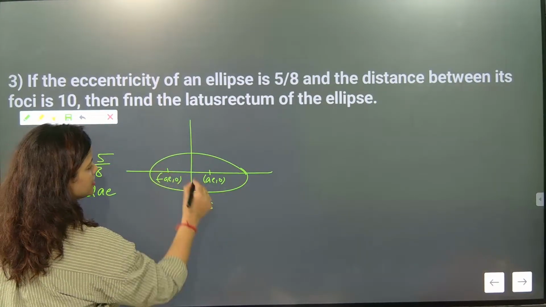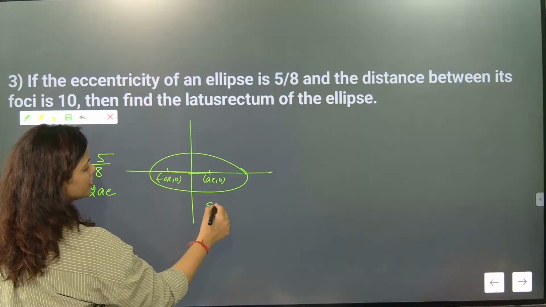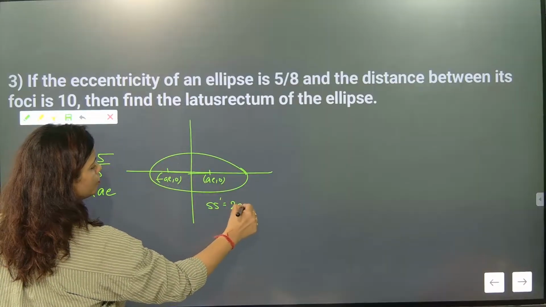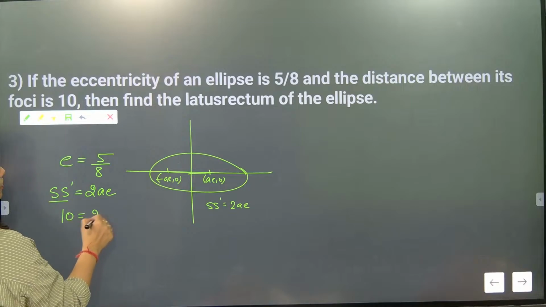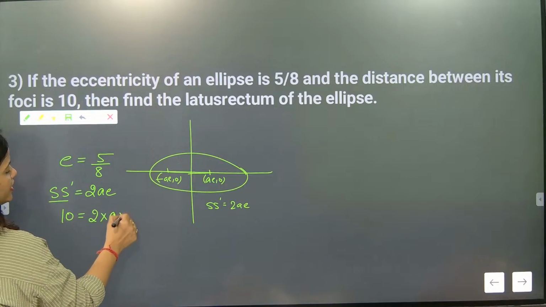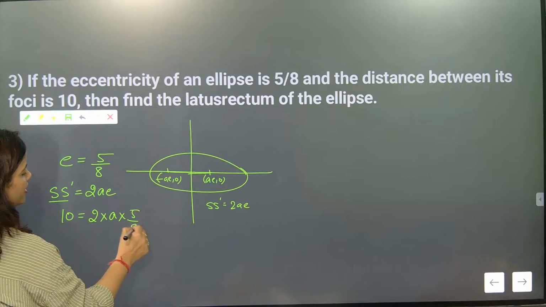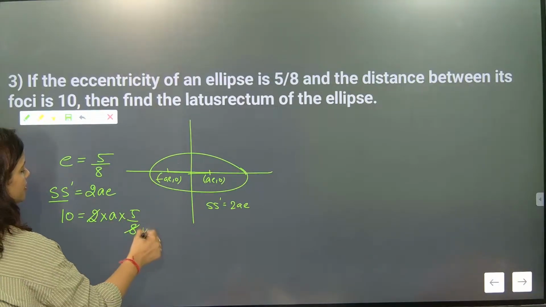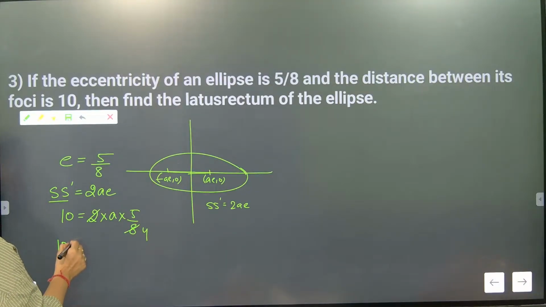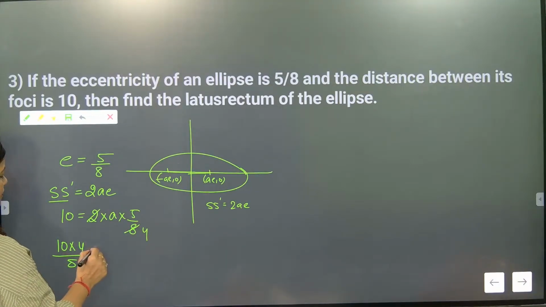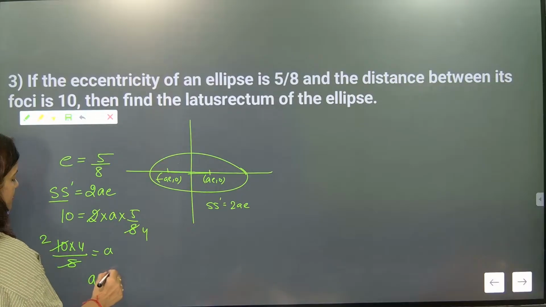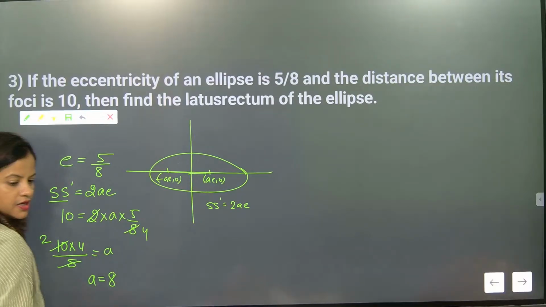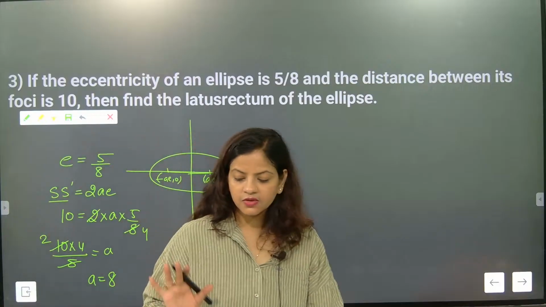So this distance is AE, and SS dash is equal to 2AE. So total distance 10 is equal to 2 into A into eccentricity 5 by 8. So this cancels, it is coming as 4 by 5, so 10 into 4 by 5 is equal to 8. So A is coming as 8.